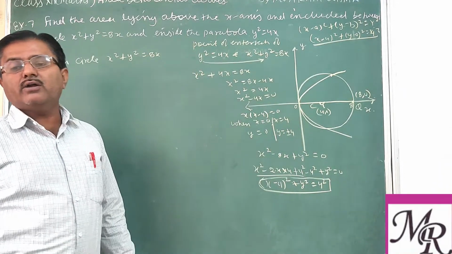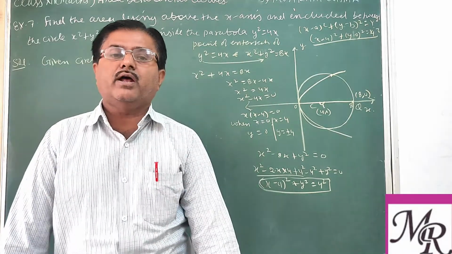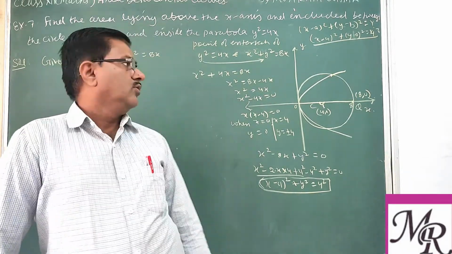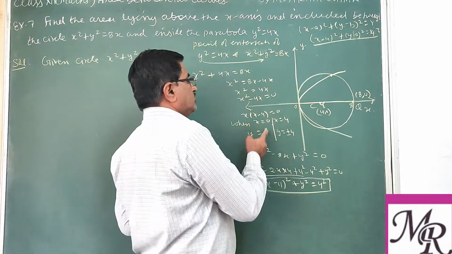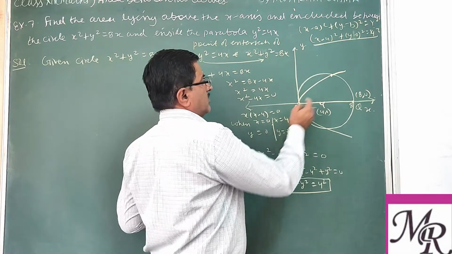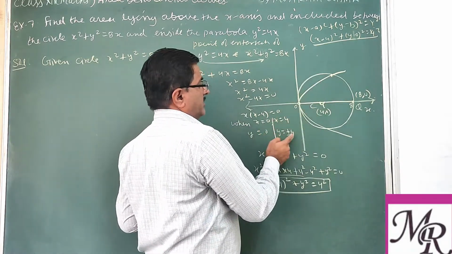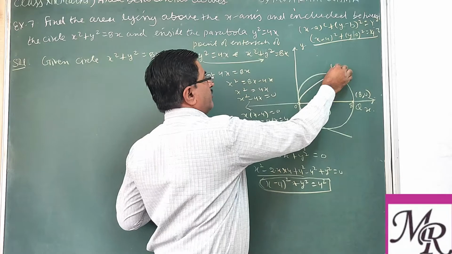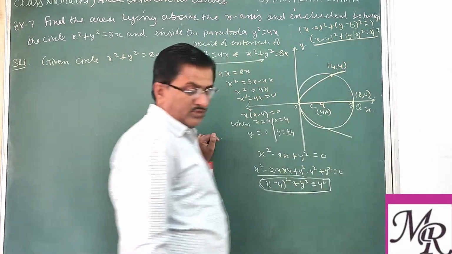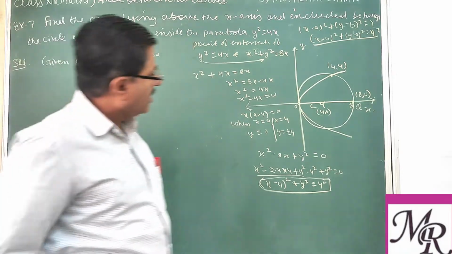So now there are 2 points of intersection of the parabola and the circle. So the coordinates are (0, 0), that is the origin where they are intersecting. Second, x = 4 and y is also 4. So this is the point (4, 4). Clear? So we can say it is passing through the origin.